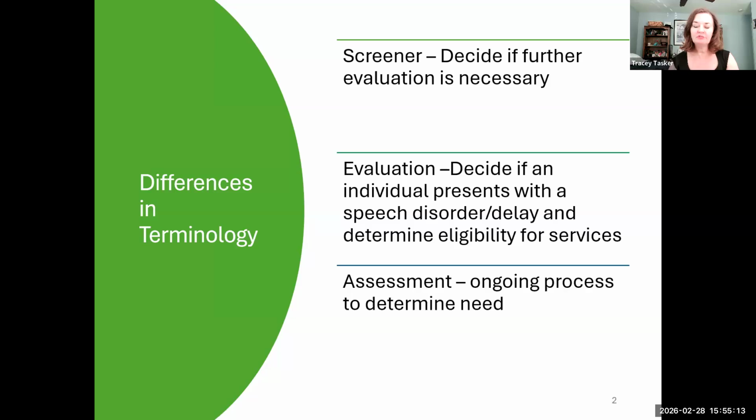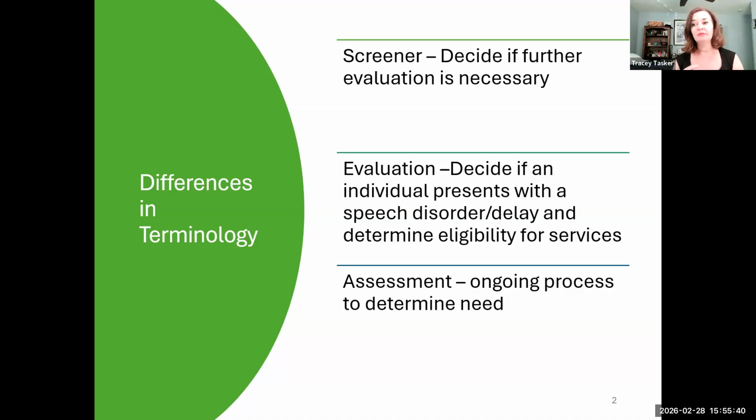So there are differences in terminology that everybody should be aware of. Some of them are very fine differences. A screener is used really to decide if further evaluation is necessary, and a screener can be standardized. For example, there's an assessment called the PLS, and it's language and articulation together.